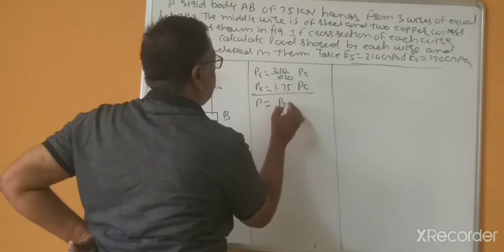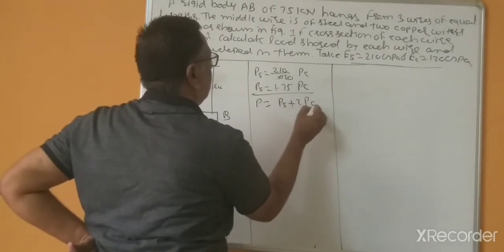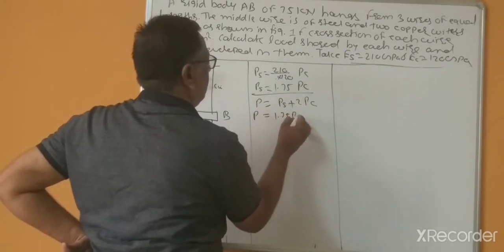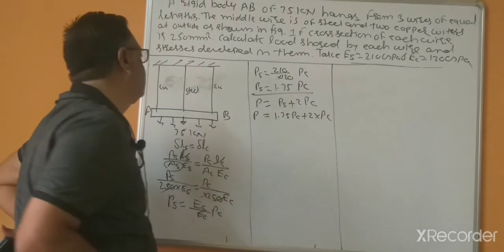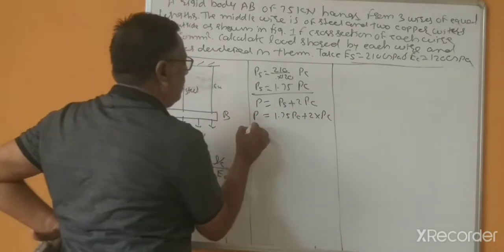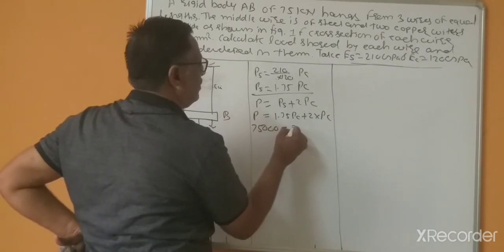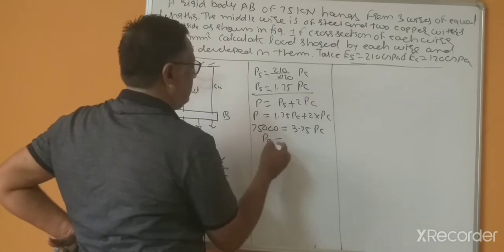So this is PS plus 2 PC. So P equal to 1.75 PC and this is 2 PC, right? So this is 75 kilonewtons, means this is 75,000 equal to 3.75 PC.